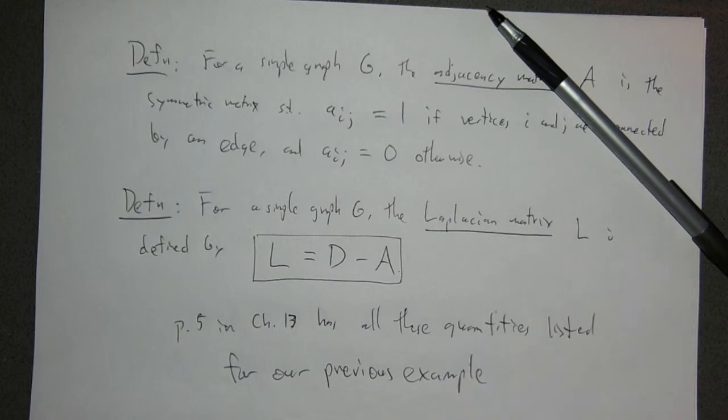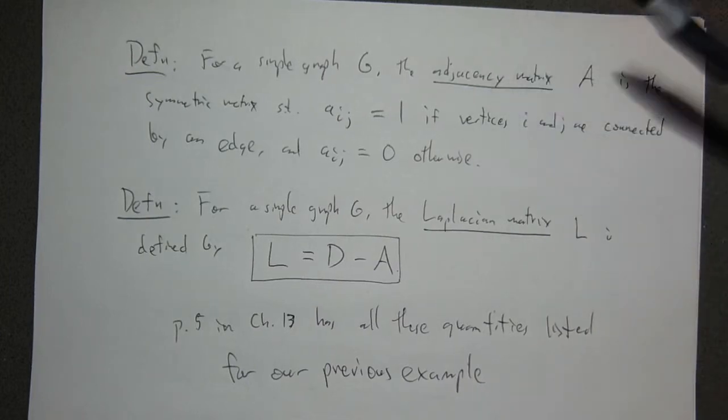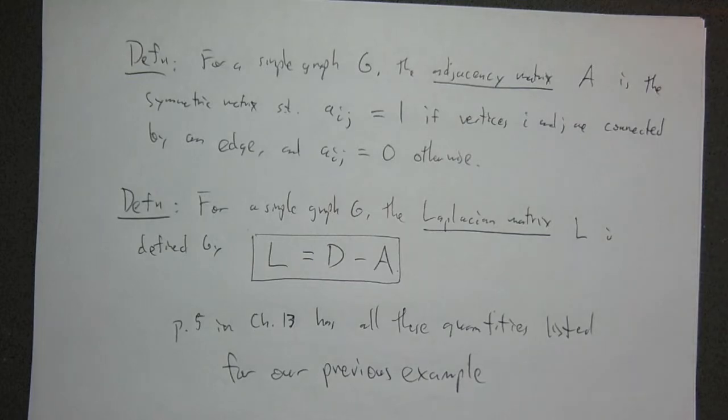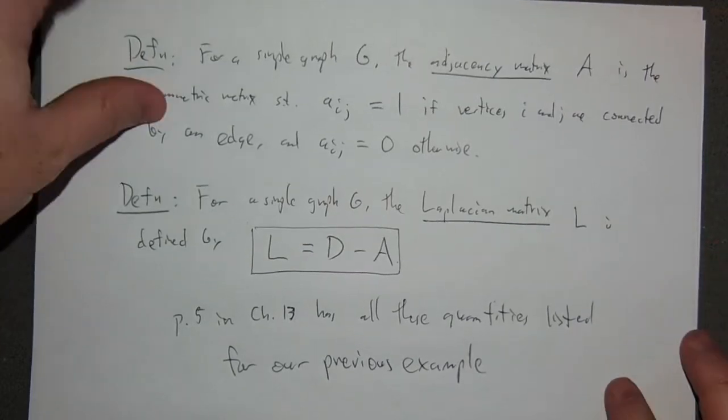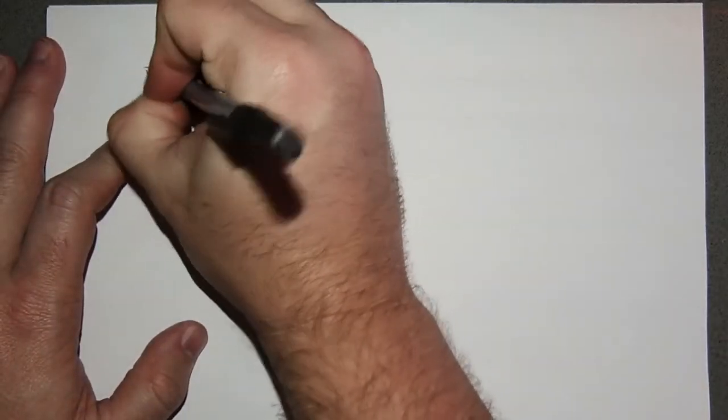Okay, so a couple more definitions because this is going to nicely tie in some of the graph analysis that we're going to do. So first definition is the definition of a walk.